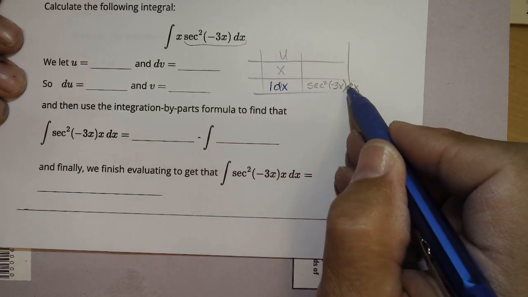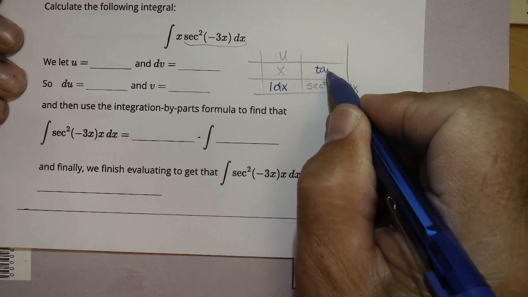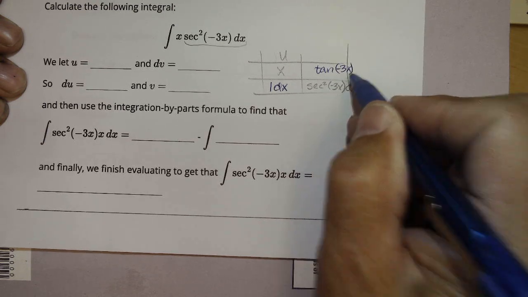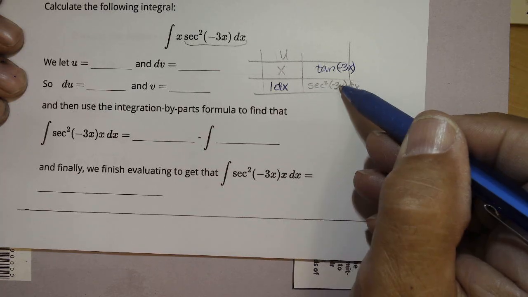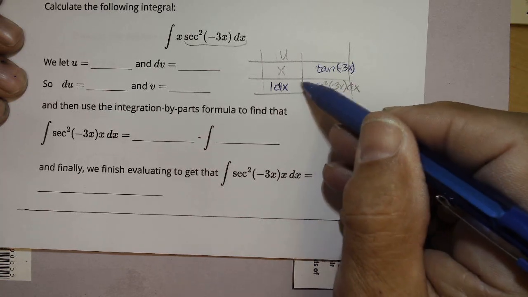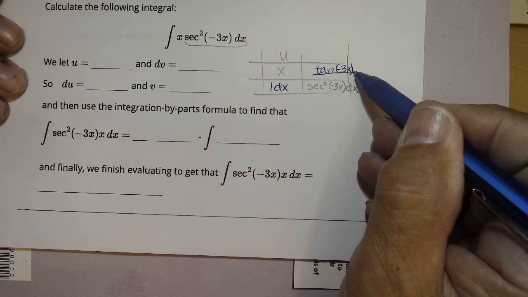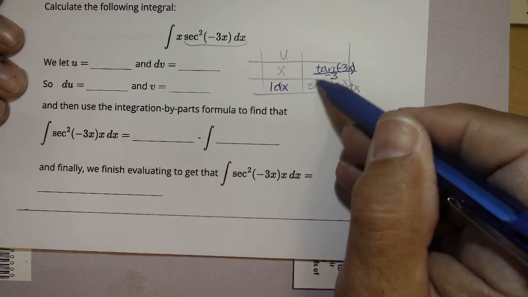The antiderivative of secant squared is tangent. But if I took the derivative of this, I'd get secant squared of negative 3x times the derivative inside, which would be times the negative 3. There isn't a negative 3, so I have to put a negative 3 down to cancel the negative 3 that would show up when I took the derivative.